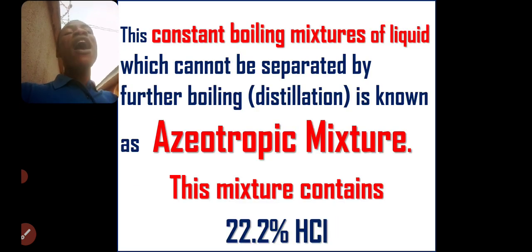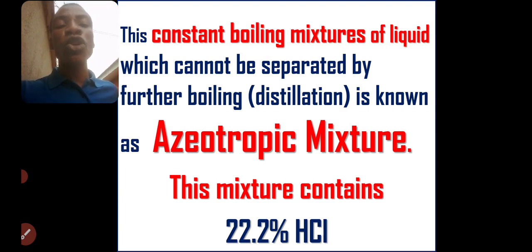So when you have a solution that now has a constant boiling mixture, that is the one whose heating no longer affects the concentration of the solution, you call that azeotropic mixture. So hydrochloric acid forms azeotropic mixture with water at 22.2% concentration.